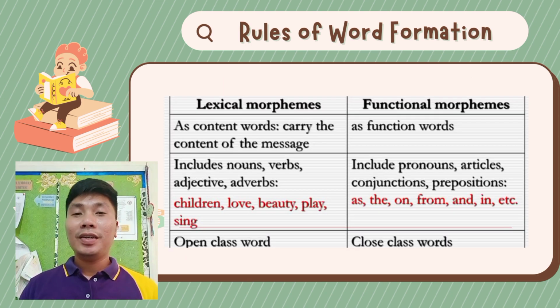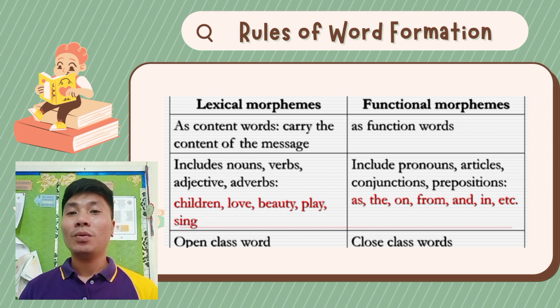And I have here the illustration to differentiate lexical morphemes and functional or grammatical morphemes. Again, lexical morphemes are also called content words, which carry the content of the message. They include nouns, verbs, adjectives, adverbs, and for example, the words are children, love, beauty, play, and sing.